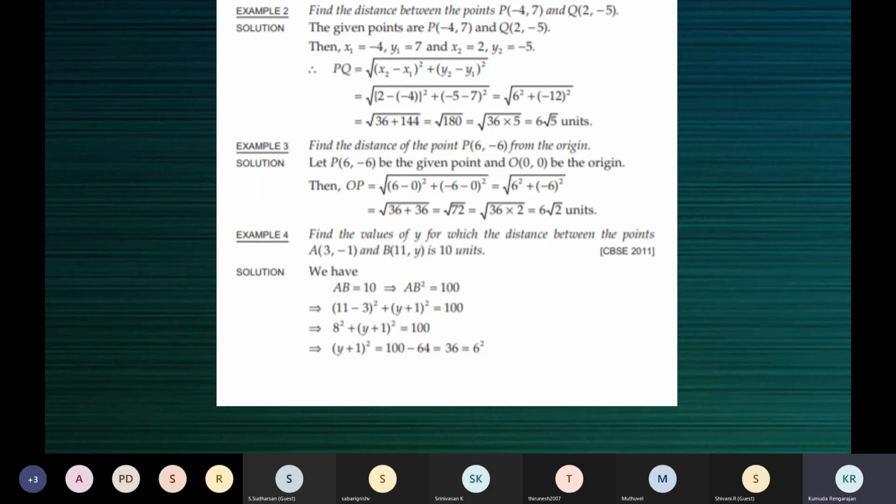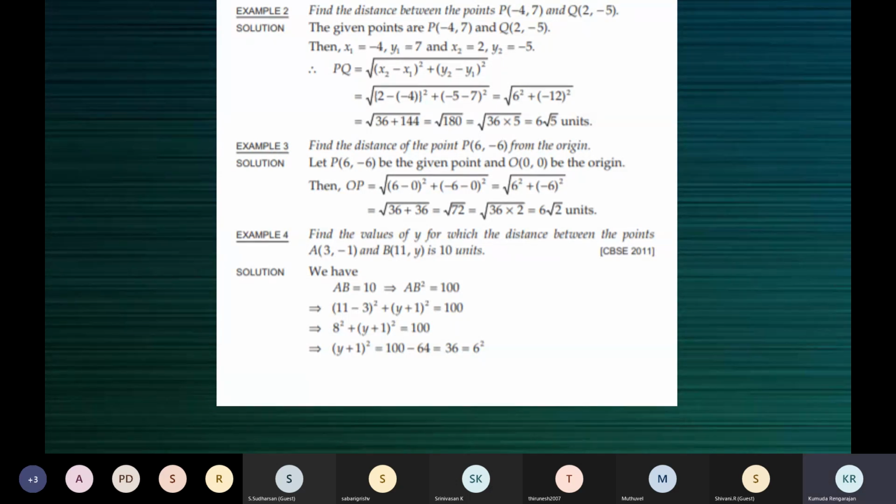Listen carefully, children. You can use a plus b the whole square or a minus b the whole square. I'm talking about minus y minus 1 the whole square.